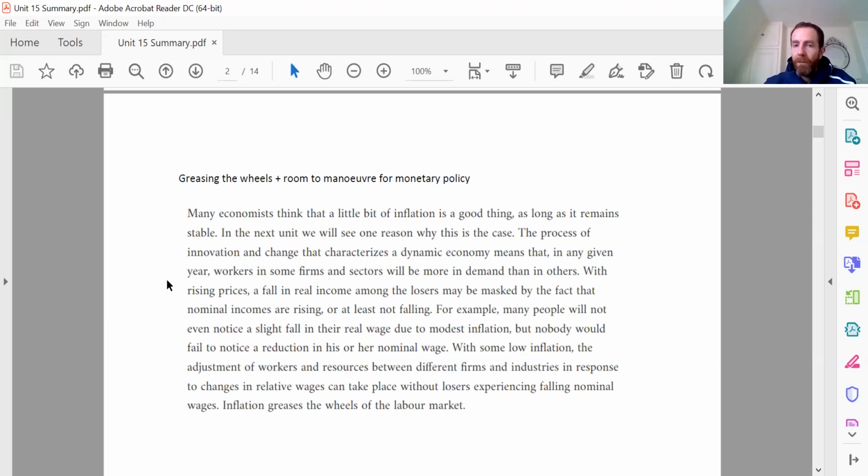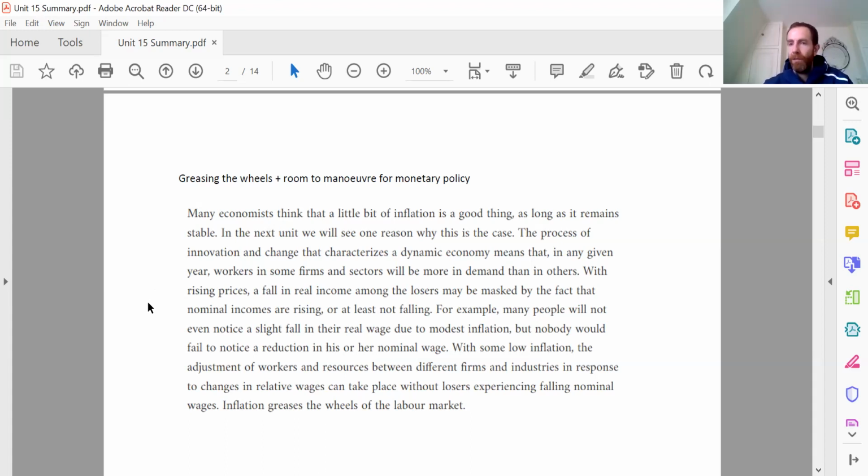Now, notice I've said real wages, because it could be quite helpful within the labor market for the change in real wages to get masked a little bit, because what workers don't want to see is their nominal wage go down. There's a psychological block there: nobody wants to see their nominal wage fall.